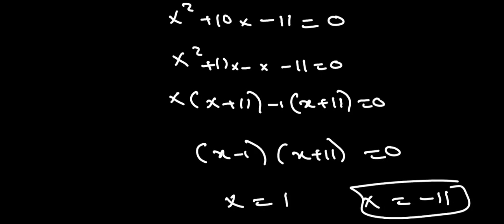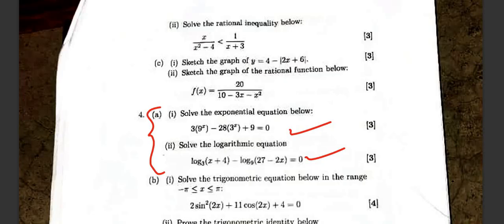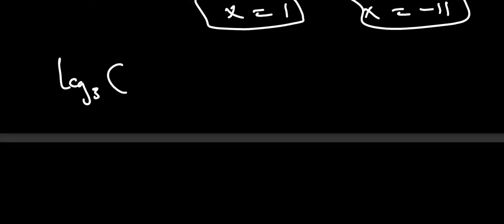Now, just to be safe, under logs, because this can raise question marks to say, how come we're having negative 11 when logs, the domain of logs is always greater than 0, it does not allow negatives. So it may be an extraneous solution. Can we test it using the original question? So the original question is log 3, we had x plus 4.